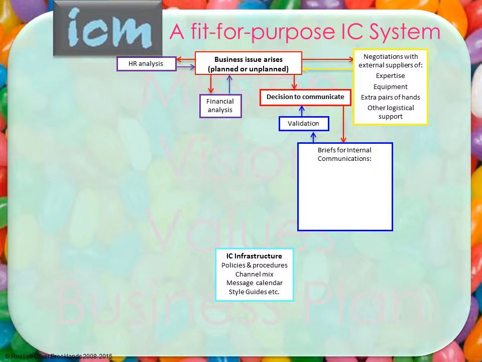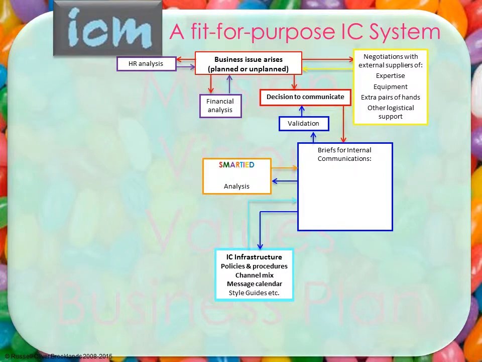Do we really need to do this, or is it actually going to be a bit of a waste of time? We also need to follow fit-for-purpose briefing procedures and check against the message calendar to ensure this message isn't going to get lost in a pile of others, and we need to consider which channels would be best suited and so on. And unique to internal communication, the third thing we need to do is some SMARTED analysis.